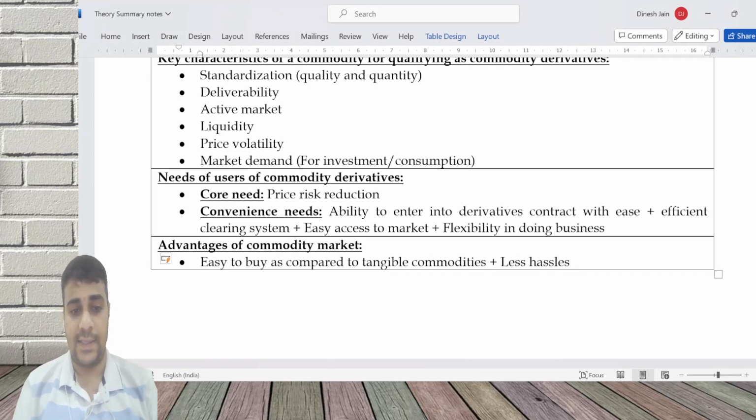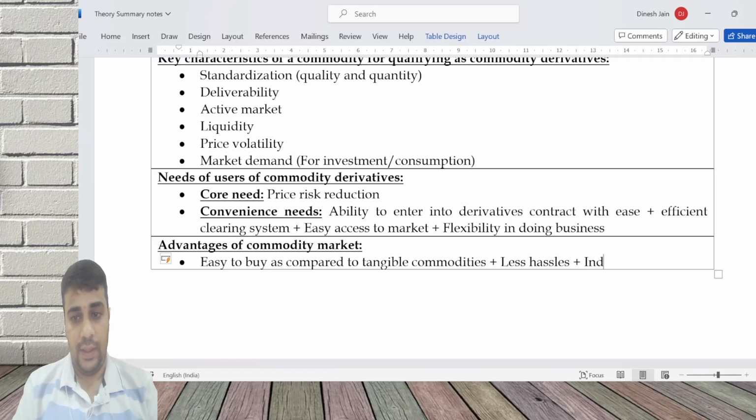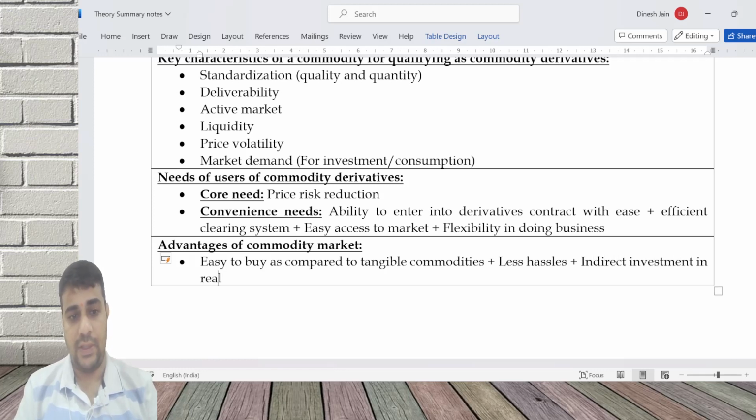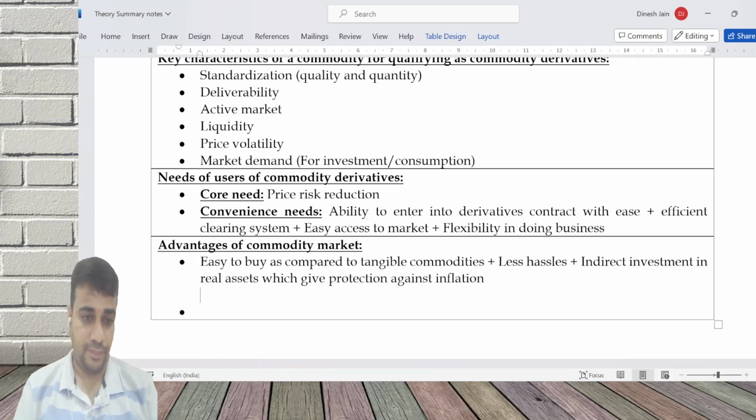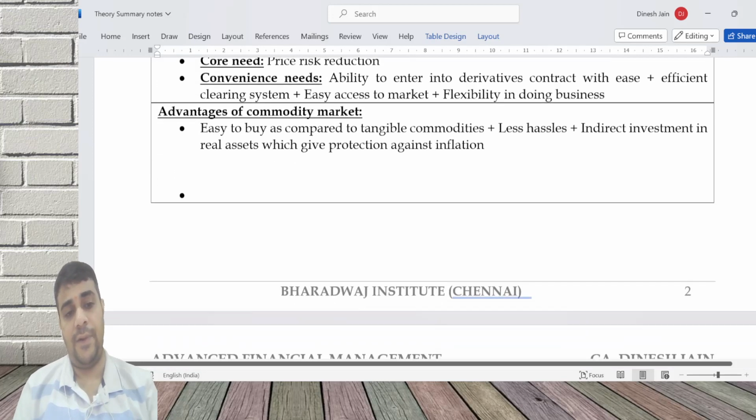With tangible commodity buying, you will have to store and all, and quality issues can be there. Indirect investment in real assets, which gives protection against inflation.